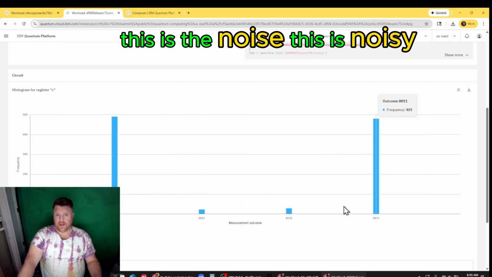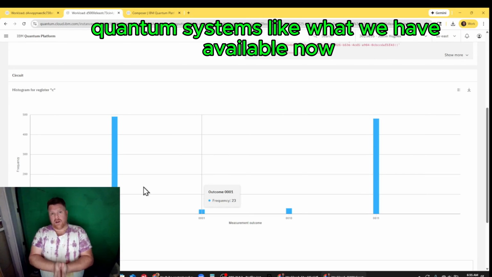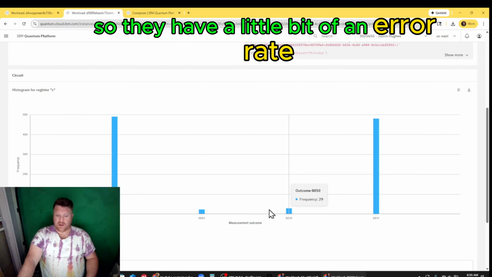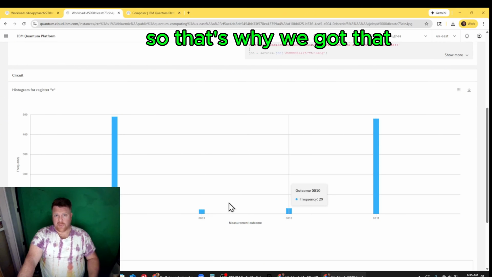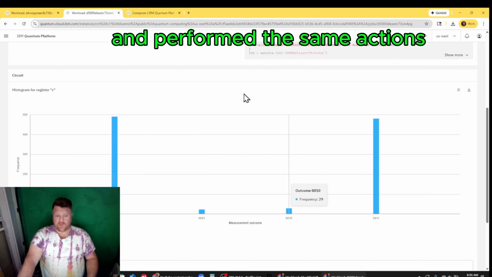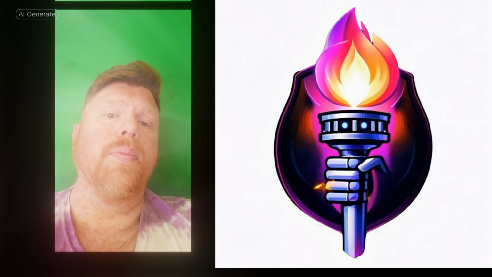This is the noise. This is noisy intermediate quantum systems, like what we have available now, do always have a little bit of noise, so they have a little bit of an error rate. So that's why we got that. But congratulations. If you have followed along and performed the same actions, you have just proven Einstein wrong.